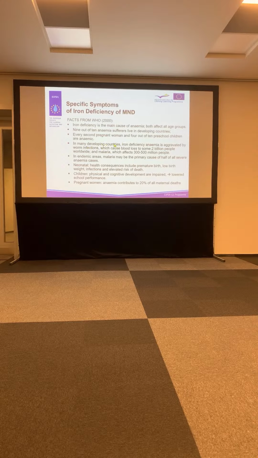In many developing countries, iron deficiency anemia is aggravated by worm infections, which cause blood loss in 2 billion people. Malaria, we're fighting it progressively, but it's 500 million people. So depending on where you are in the world, the causes for iron deficiency are different. And in endemic areas, malaria is the primary cause of severe anemia.